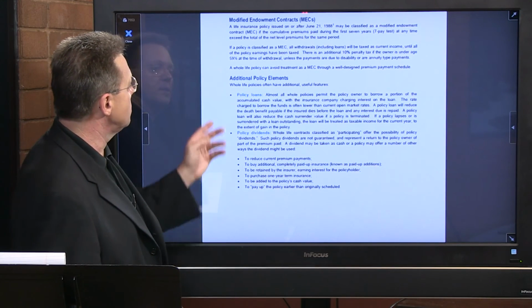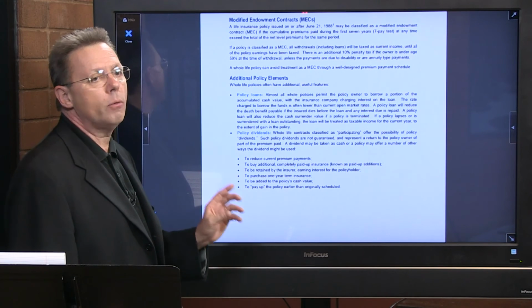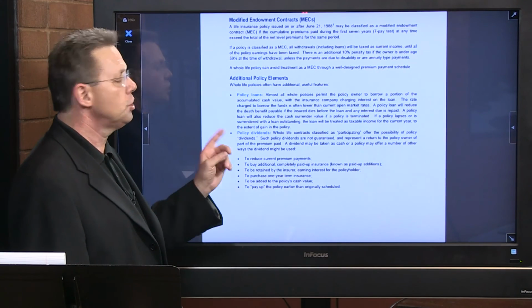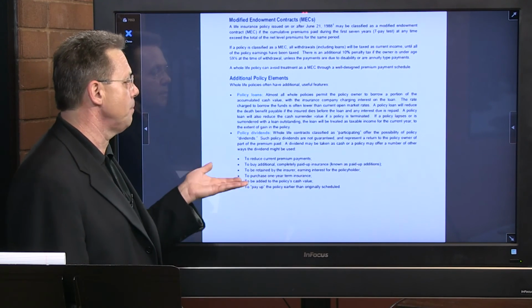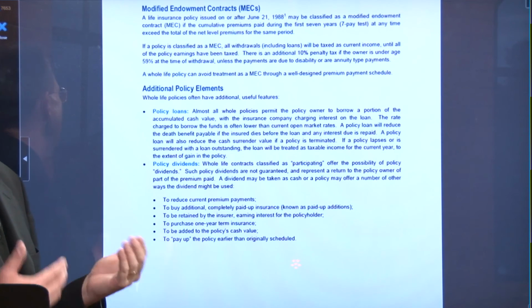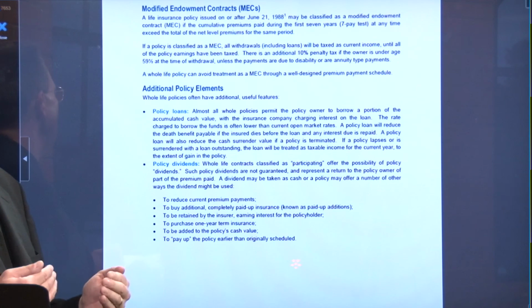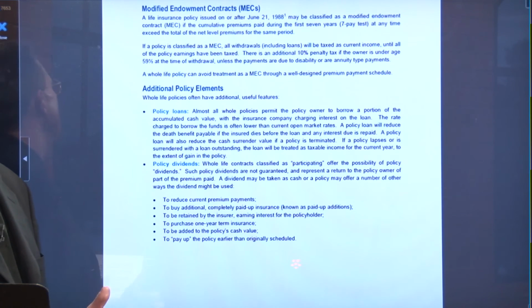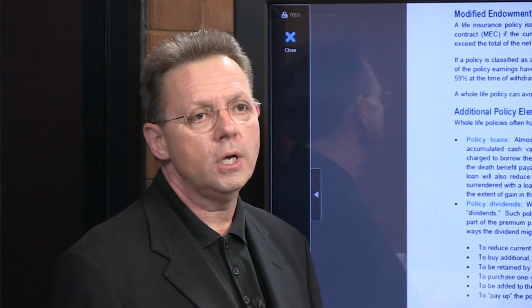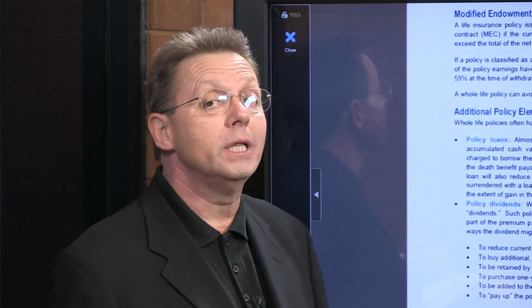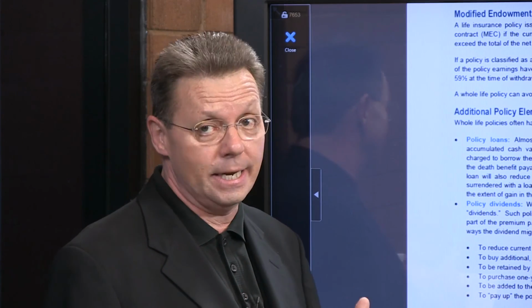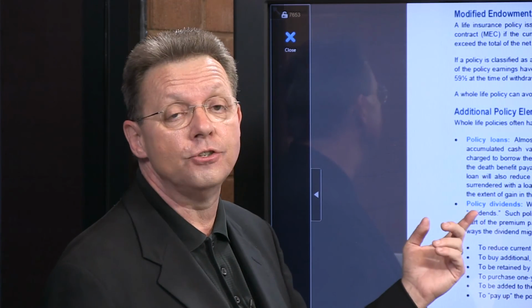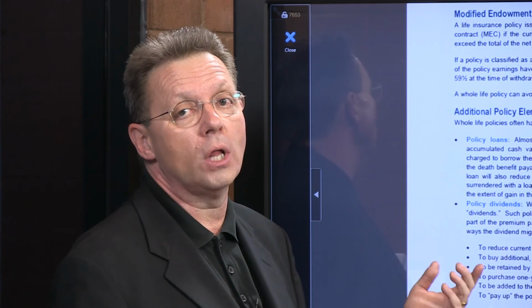And when I'm looking at this, I'm looking at basic issues that I always want to make sure that we understand, additional policy elements. And this doc brings up the issue of policy loans. Policy loans, generally in whole life, are going to be spread loans, could be direct recognition loans. Some say that they are really wash loans. I have not seen, there might be out there, but I have not seen a zero net cost loan used in a whole life contract yet.